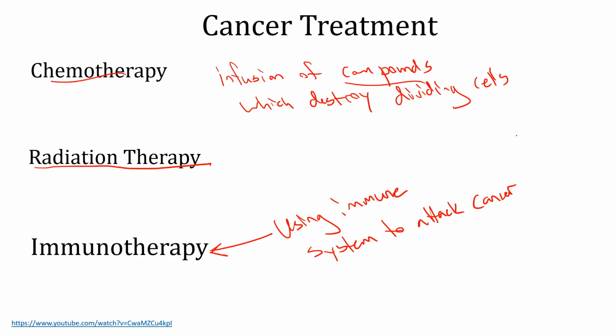But generally, when your body mounts an immune response to cancer, it's effective for a while, but then the immune response wanes and gets less strong, and the cancer cell still survives, replicates again, and overpowers the immune system.